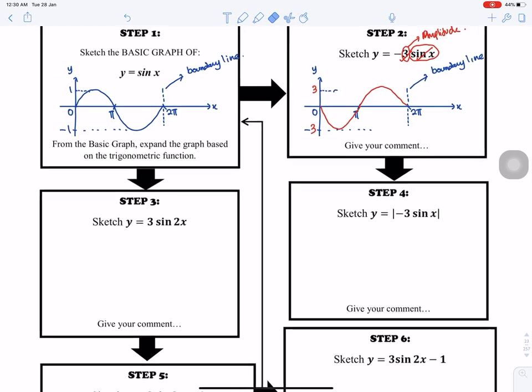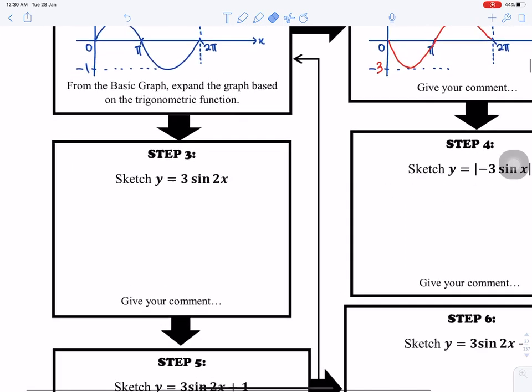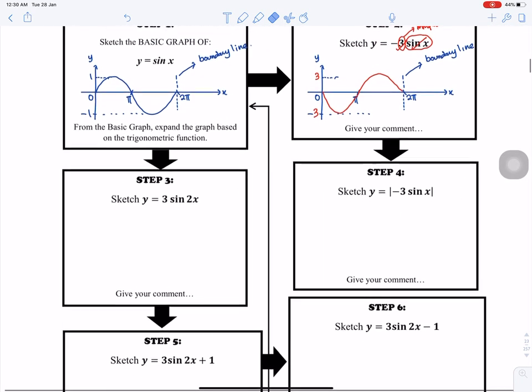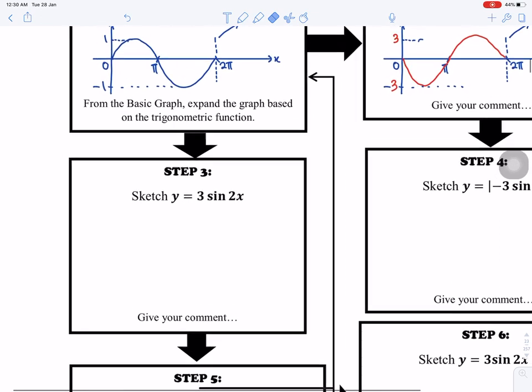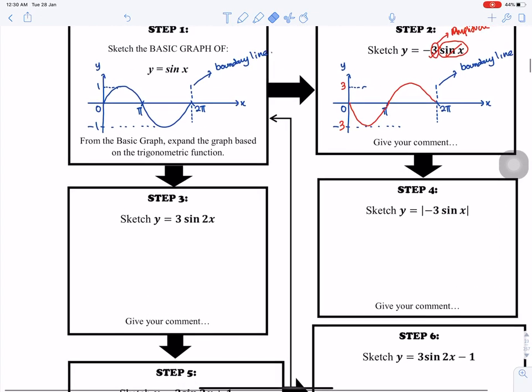Okay, step 3. This is the importance of the boundary line.